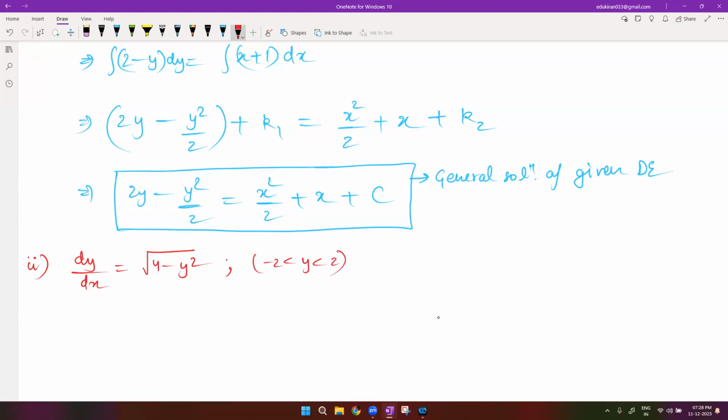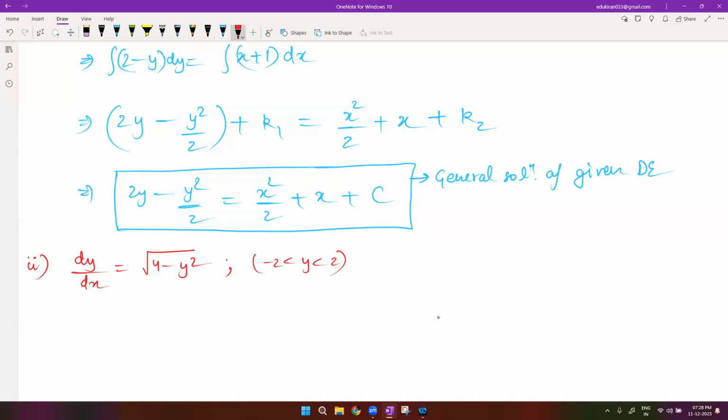So this is the question: dy by dx is equal to root over 4 minus y square. Now we need to check whether we can separate x from y. Anji, yes or no? Can we separate x from y? Before you answer that question, my question will be, is there any x here?